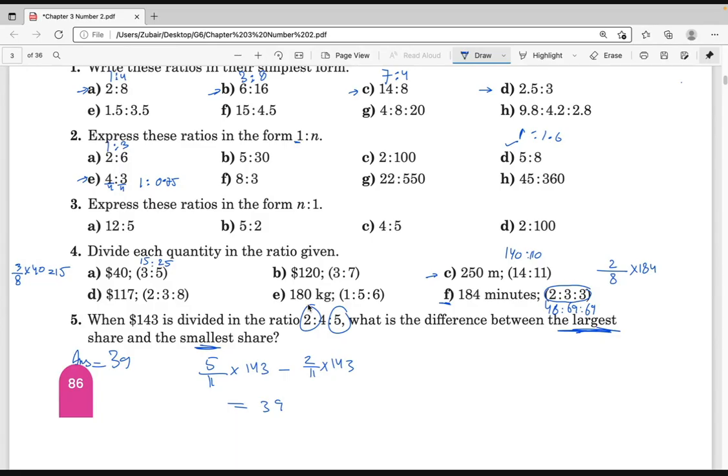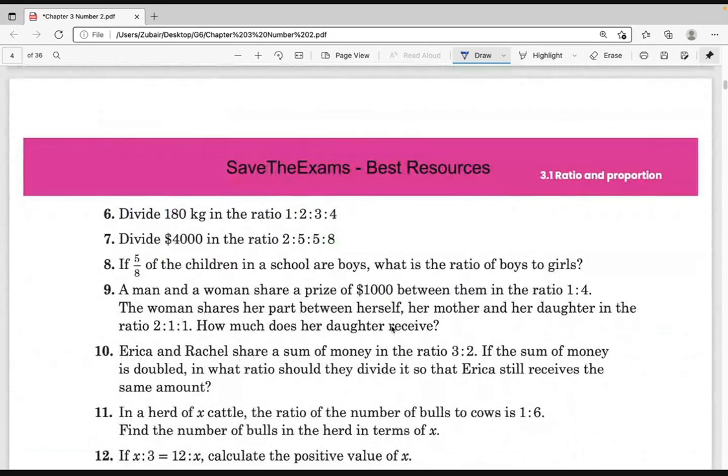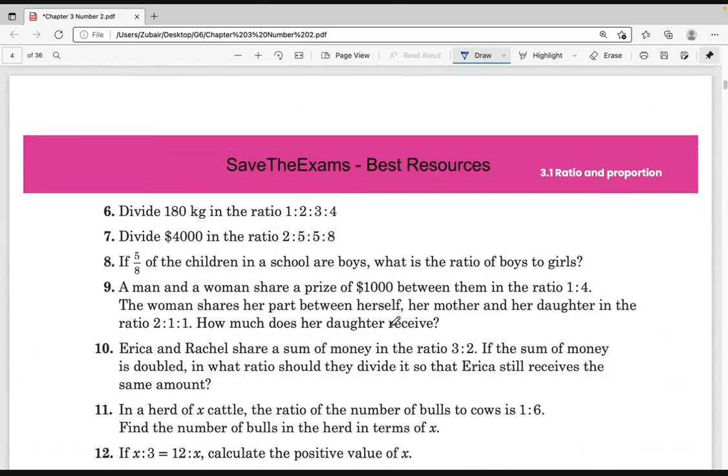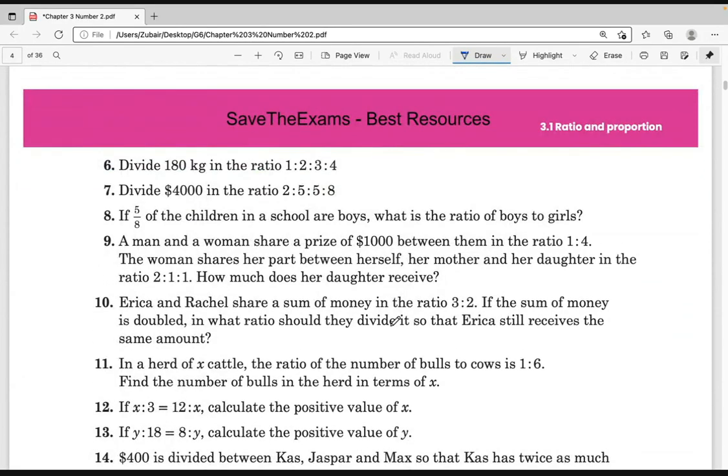Okay. So we needed these two. Divide this in ratio. Now there are four ratios. So the first one is 1 out of total 4, 5, 6, 7, 8, 9, 10, and then 2 out of 10, meaning 1 out of.